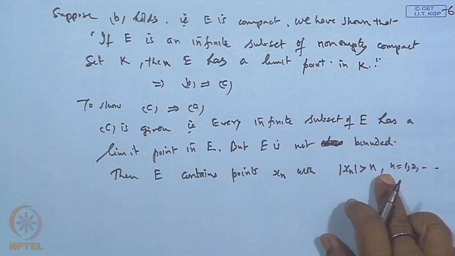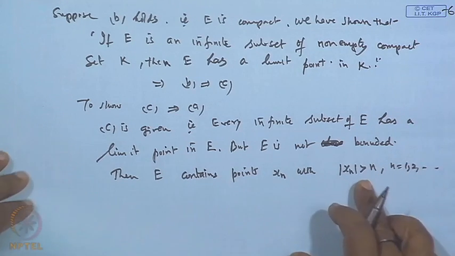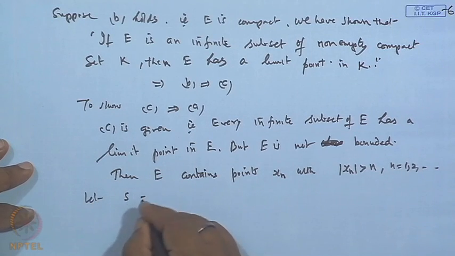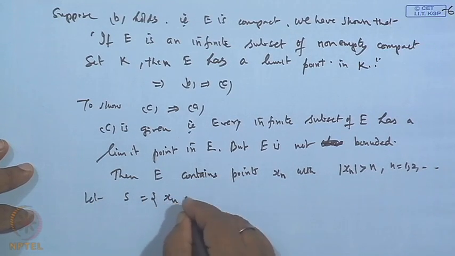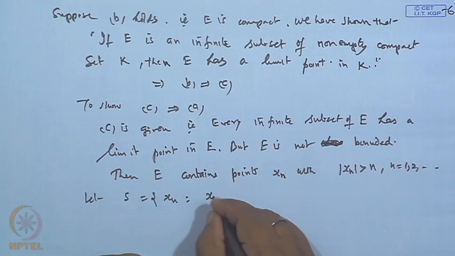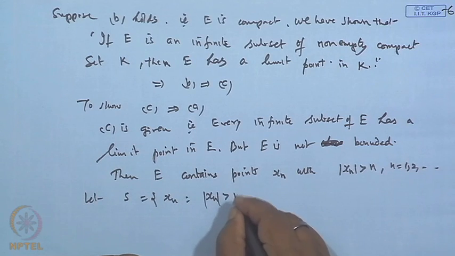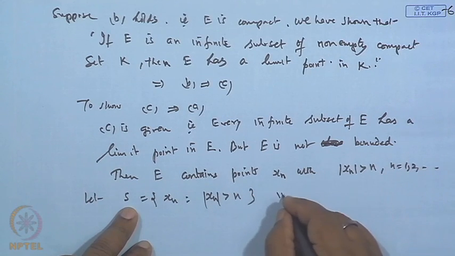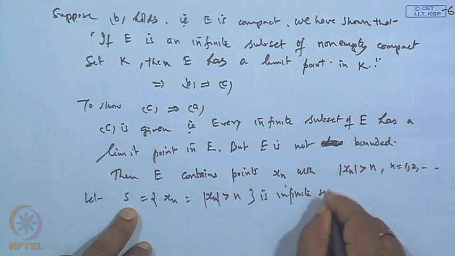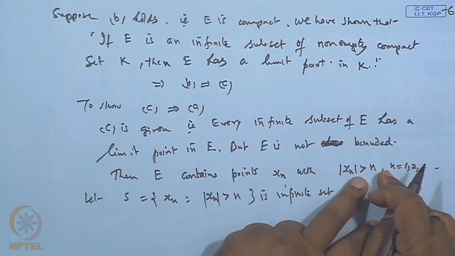Let S be the set of all such x_n. Obviously, this is an infinite set, because if it were finite, then we could get a bound for x_n.